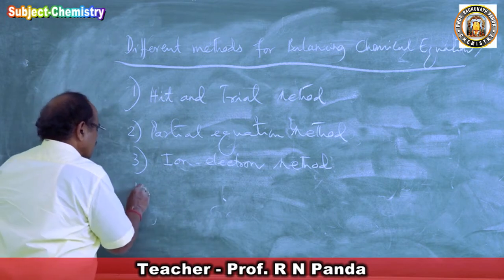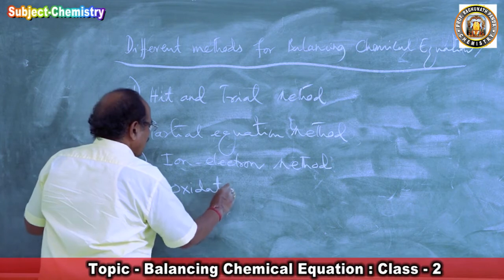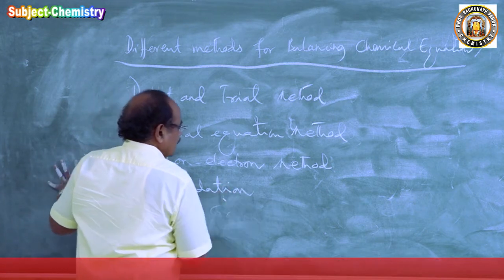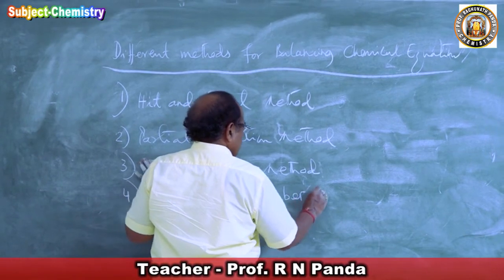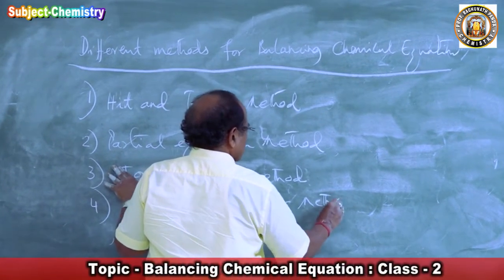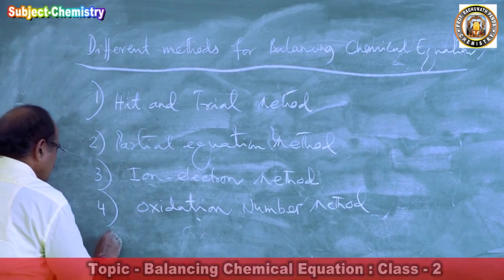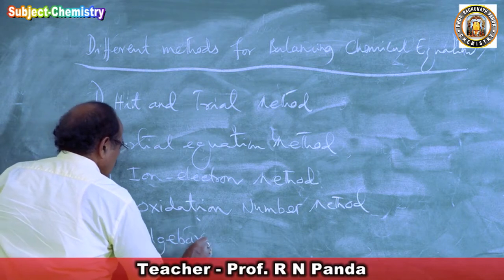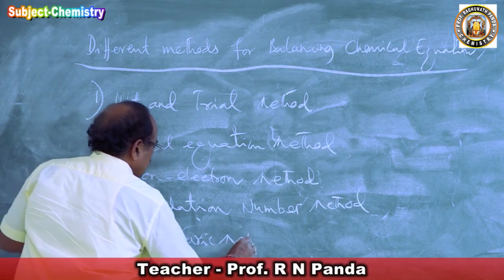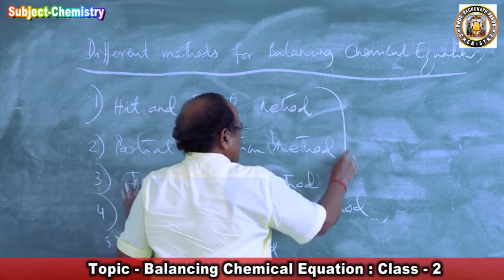Then the fourth method is the oxidation number method. This is a very primitive method; nowadays it is not done. Taking the oxidation number, we can balance. And the fifth is the algebraic method. Generally we will be using the first three methods.